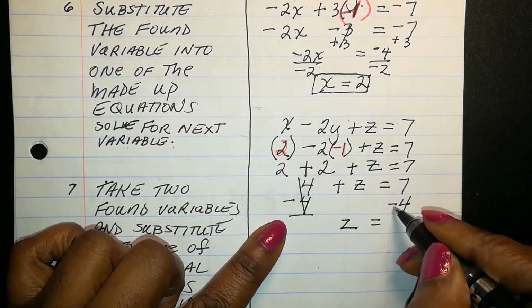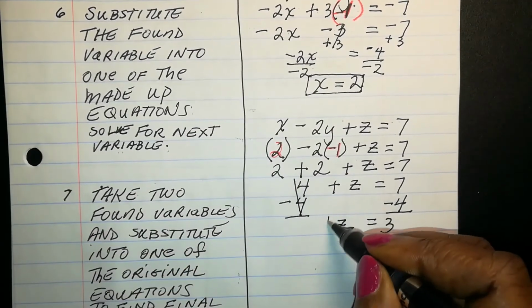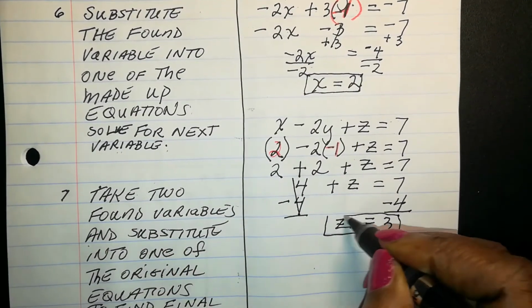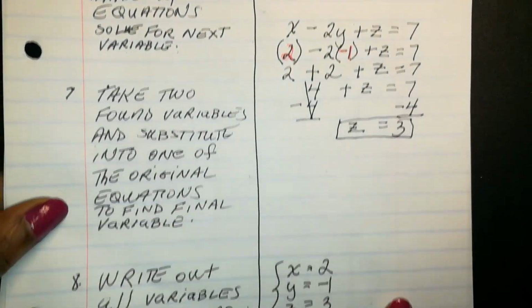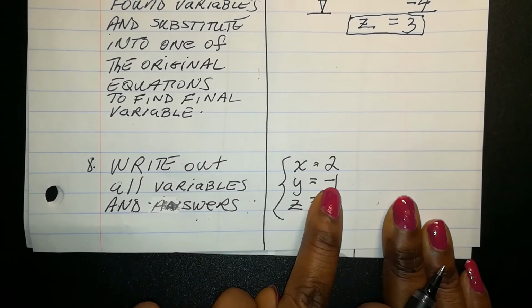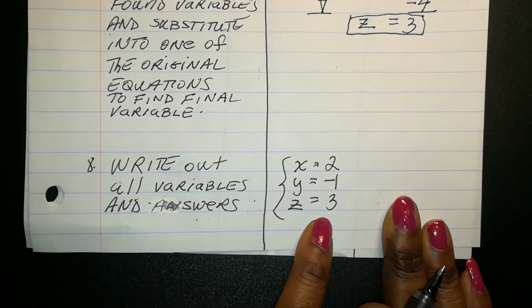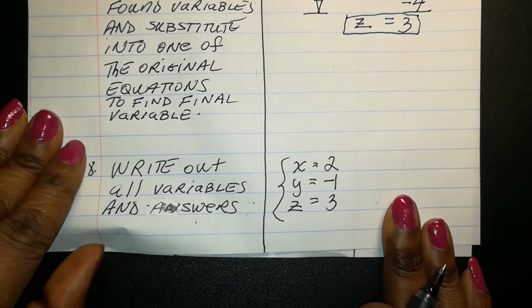What is 7 minus 4? 3. So that means z is the value of 3. So right now we have these values: x is 2, y is -1, and z is 3.